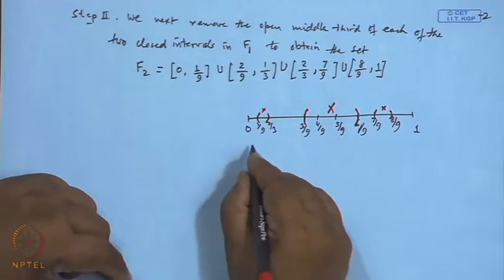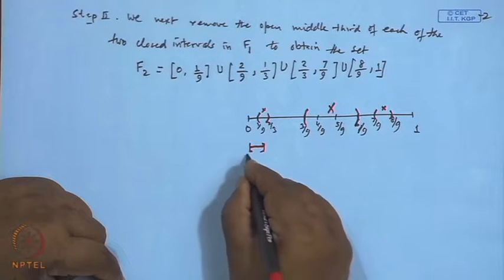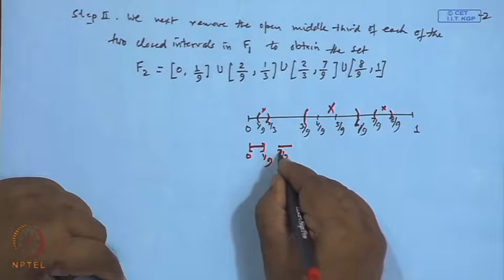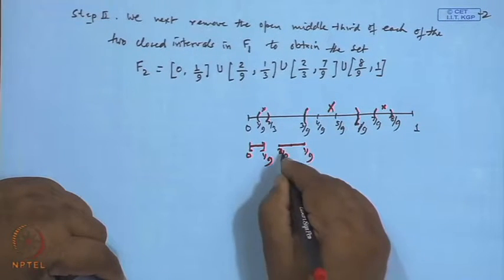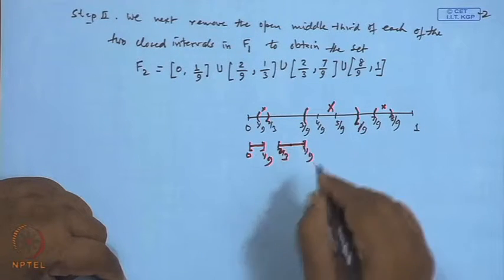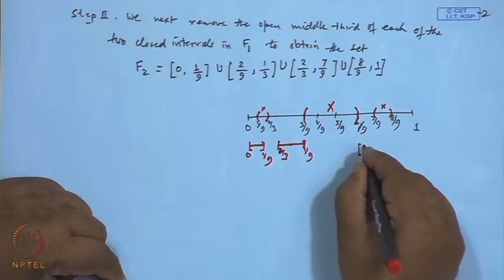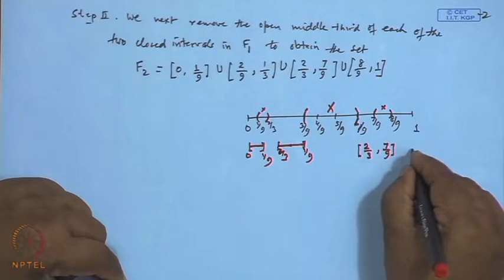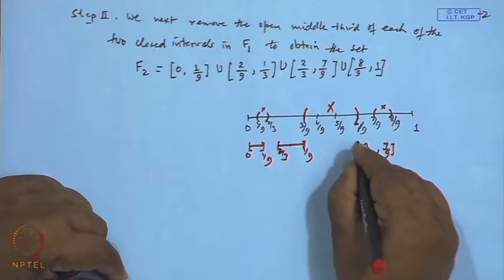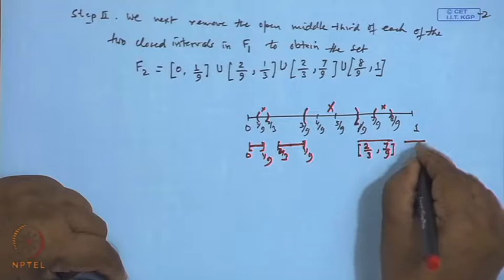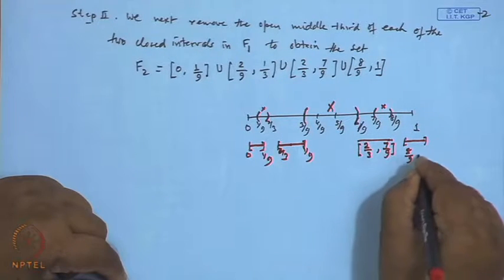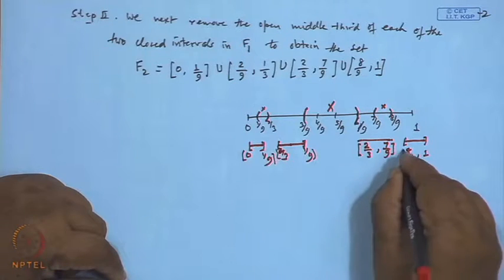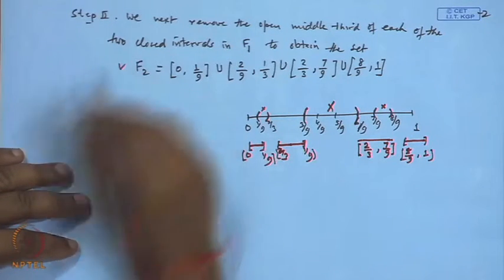So the remaining portions are [0, 1/9], [2/9, 1/3], [2/3, 7/9], and [8/9, 1]. These closed intervals are left, and the union of these we denote by F2.